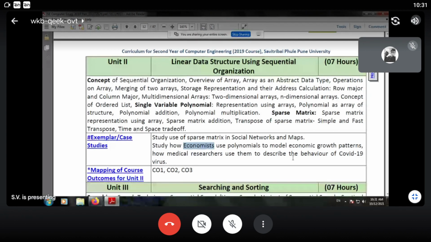When the growth of the polynomial is associated with the number of patients recovered, you can get a tentative chart or tentative numbers showing whether the particular virus is spreading or is under control. That is the significance of the case study.